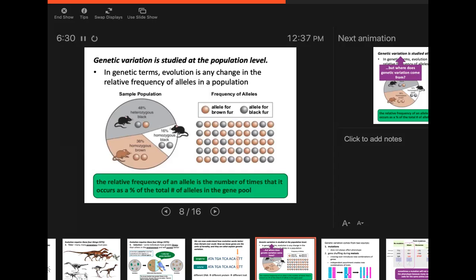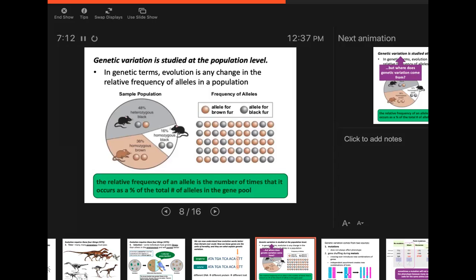So if you look here, this gives us our sample population. So we've got homozygous black, homozygous brown, talking about mice, and then we have heterozygous black. Who remembers what kind of dominance this is? So if you have black and brown and your heterozygote is still black, complete dominance, right?